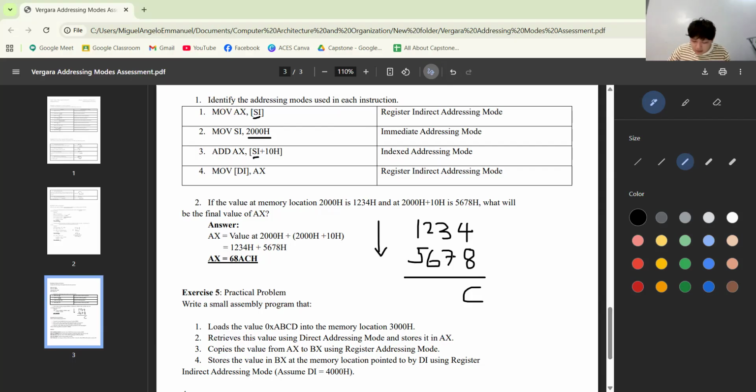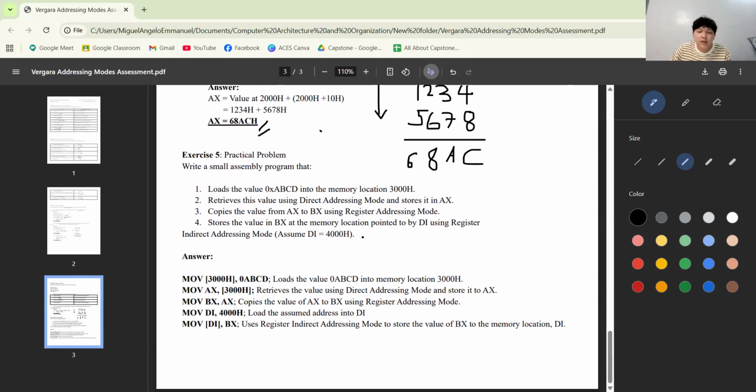So 3 plus 7 is 10, therefore the value is A. 6 plus 2 is 8, and 5 plus 1 is 6. And therefore, our answer is 68ACH.